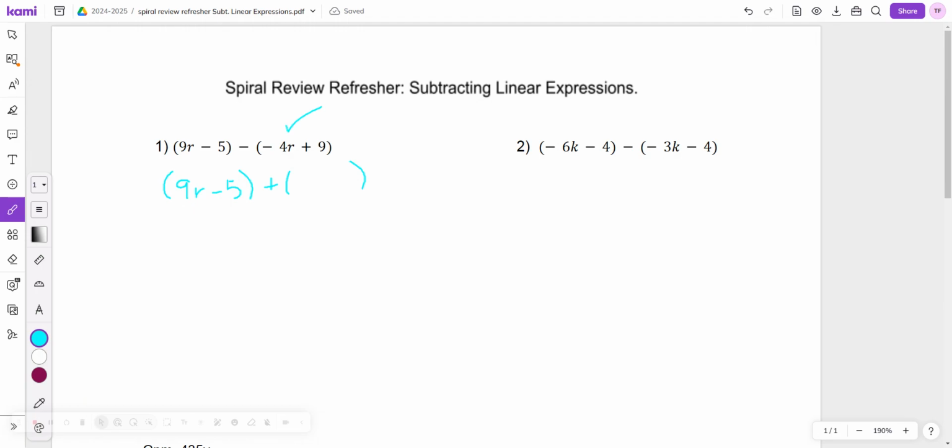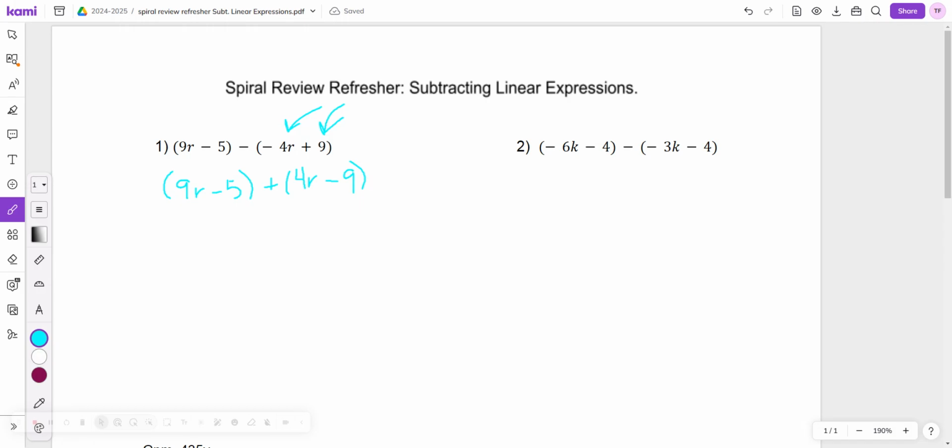So I'm going to write the opposite of this term, and I'm going to write the opposite of this term. Well, the opposite of negative 4r is positive 4r. So I'm going to write 4r. The opposite of positive 9 is negative 9. Now keep in mind, plus negative 9, another way I can write that would be just minus 9.